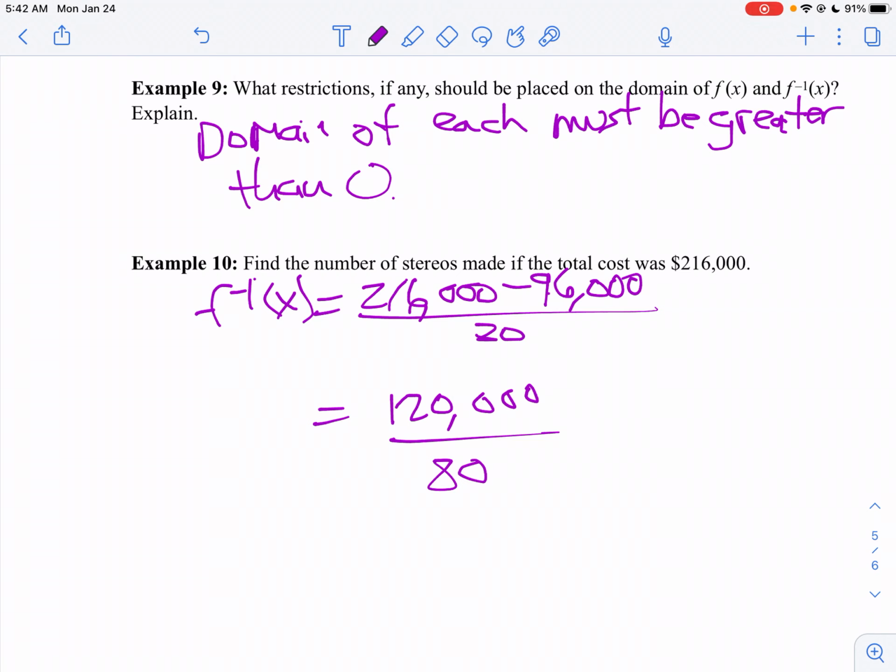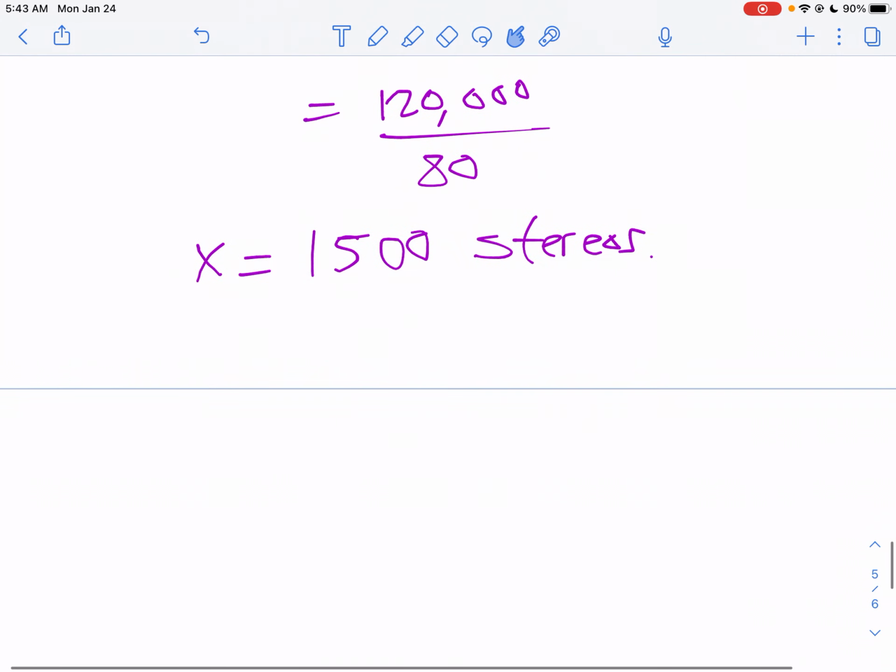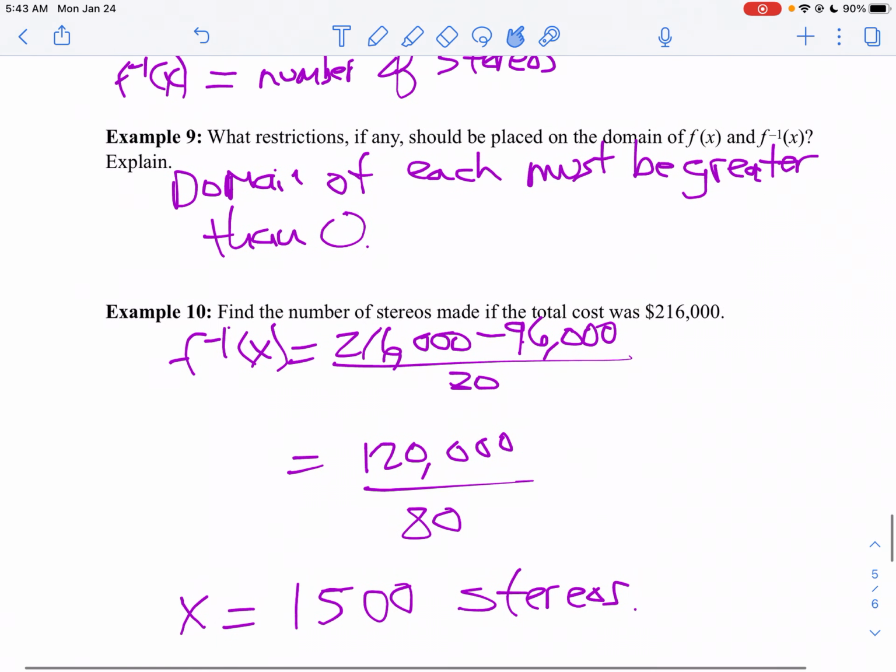And I'm going to get 1,500 stereos. So they could manufacture 1,500 stereos, so if they budget that much. And there we have it.